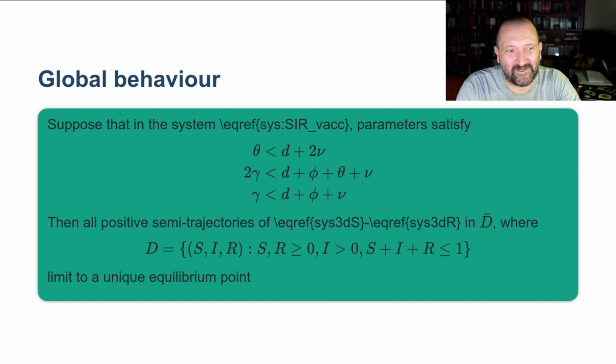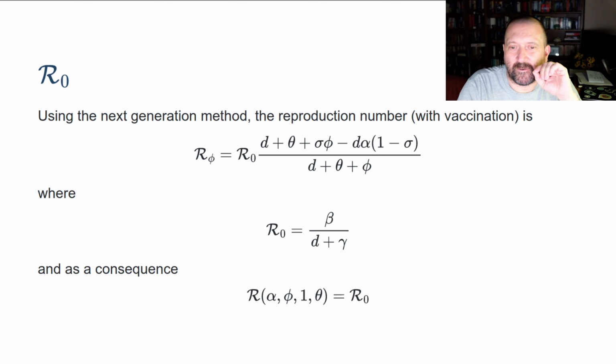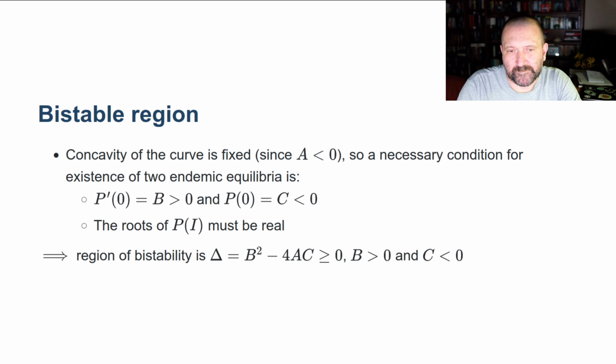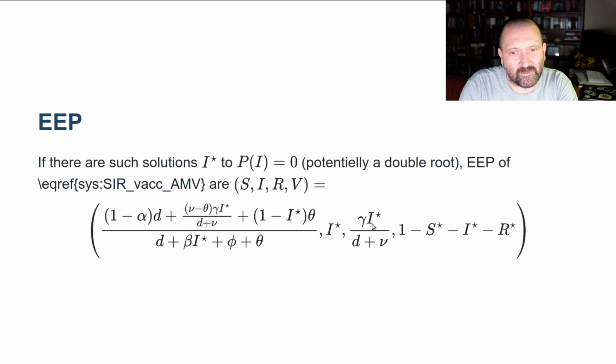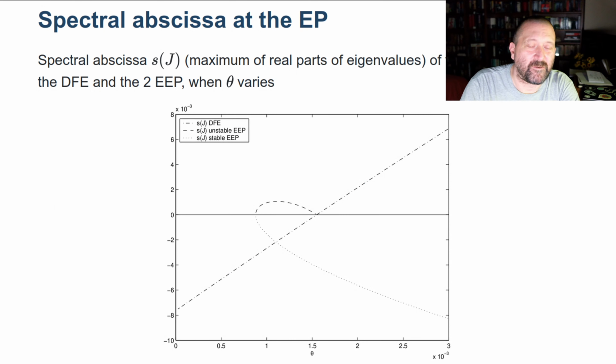So if those conditions are satisfied, then all positive semi-trajectories in D, where this is the constraints on the state variables, limit to a unique equilibrium point. Okay, so you're able to say that you don't know whether you're going here, but you know that you're going to either go here or here. Okay, so you go to an endemic equilibrium.